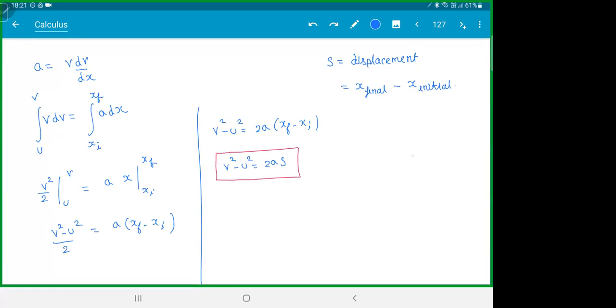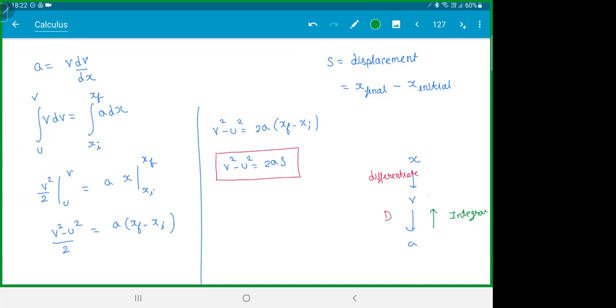So basically the cycle goes like this. If you have a position and you want velocity, then differentiate. You want acceleration, again differentiate. If someone gives you acceleration and asks you velocity, then integrate.